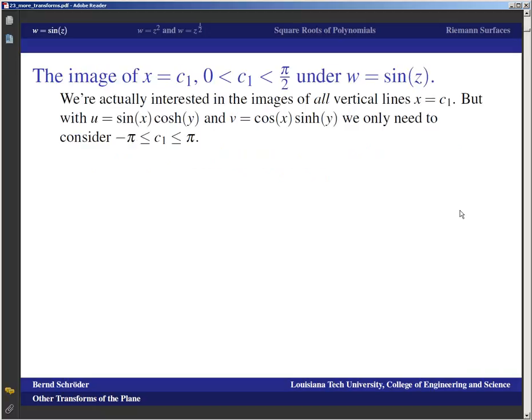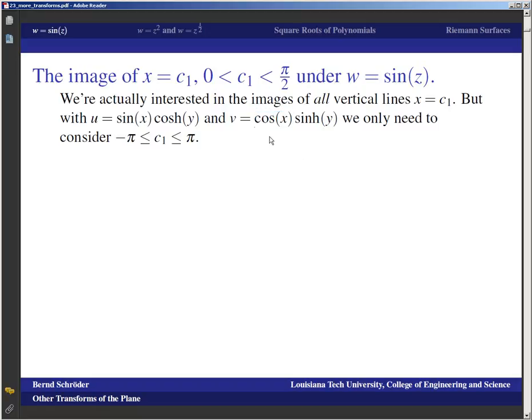So let's see, we're talking in this first example about the image of the vertical line x equals c1, where c1 is between 0 and pi halves, under the function w equals sine of z. We actually are interested in the images of all vertical lines, x equals c1 of course, but the real part as well as the imaginary part are both 2 pi periodic in x, and they are because the real part depends on x as a sine x, and the imaginary part depends on x as a cosine x.